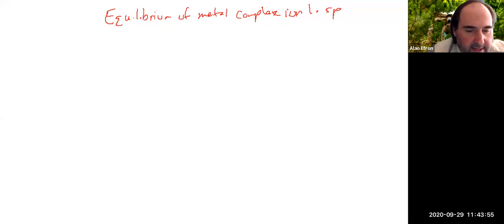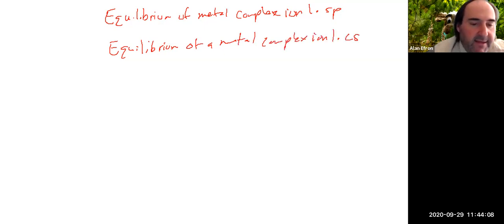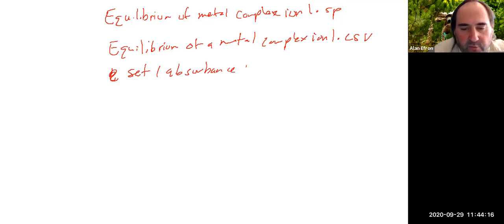One will say equilibrium of a metal complex ion 1 CSV, and it will say set 1 absorbance versus wavelength dot CSV.